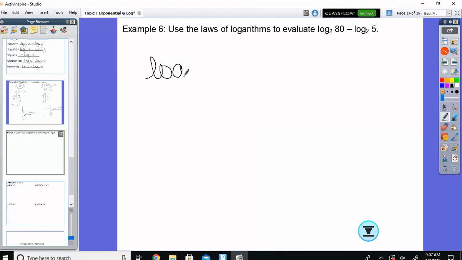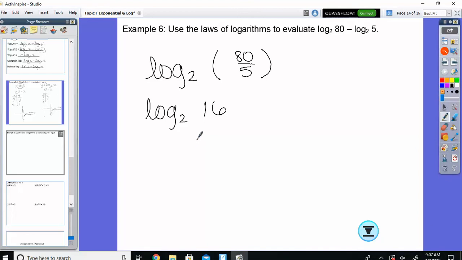The log base 2 just goes out in front. And then we do 80 divided by 5. So that would be 16.